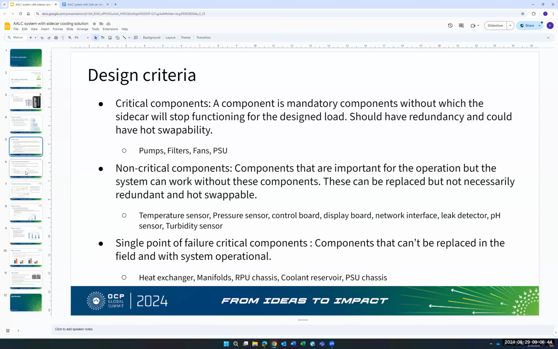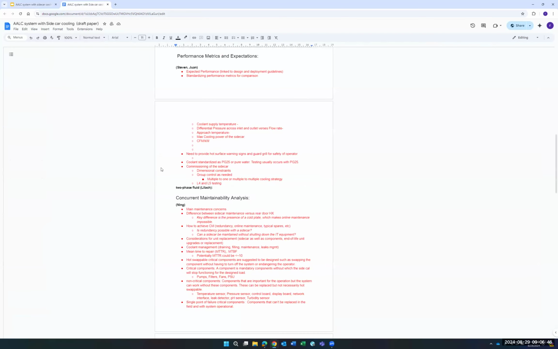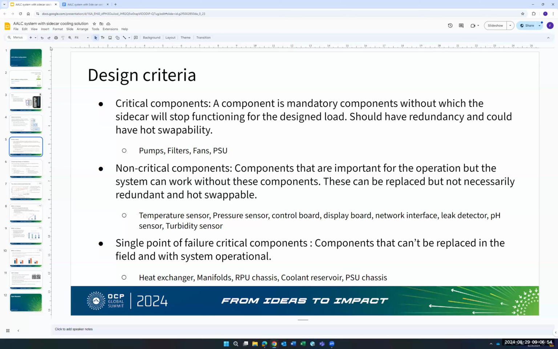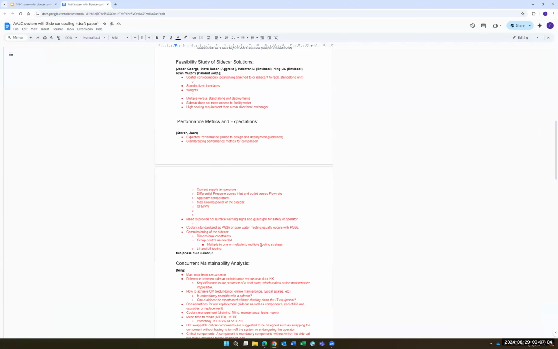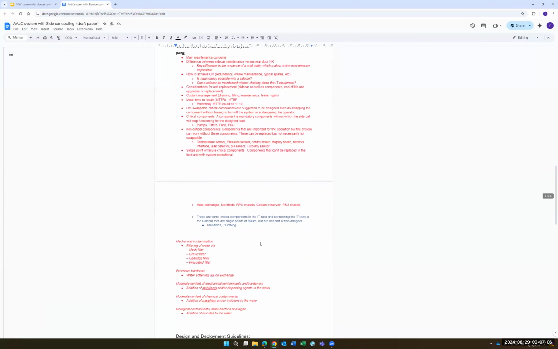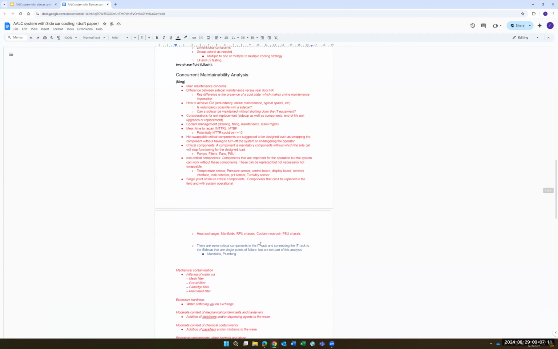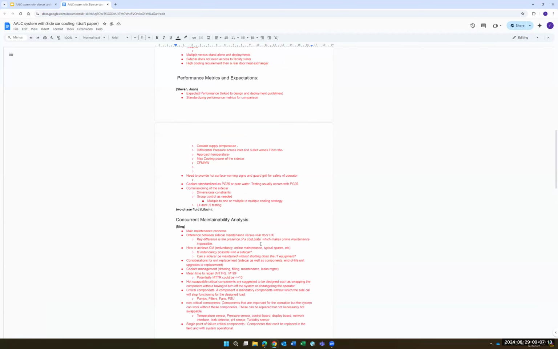I think we still need to jump into a little bit more detail on some of these design criteria that were presented here, and also add some more details in terms of maintenance versus feasibility.